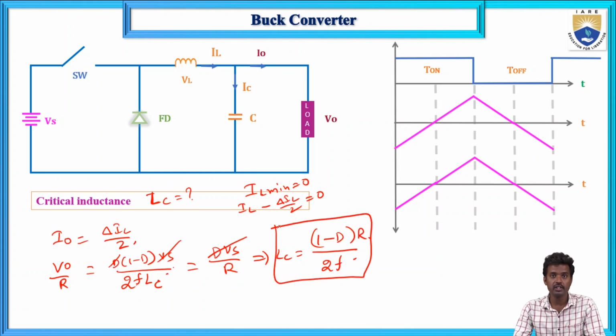So this is the critical inductance formula. I am again giving you the definition: the minimum inductance for which the inductor current becomes just continuous.